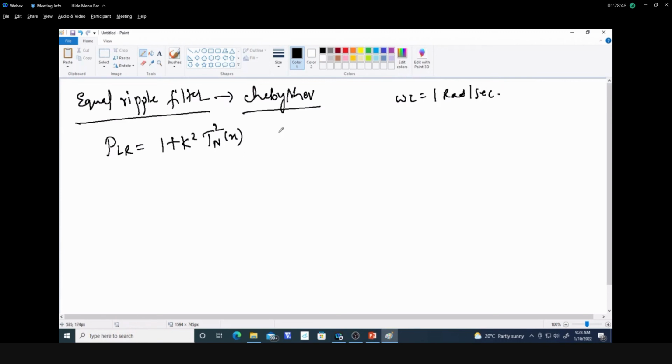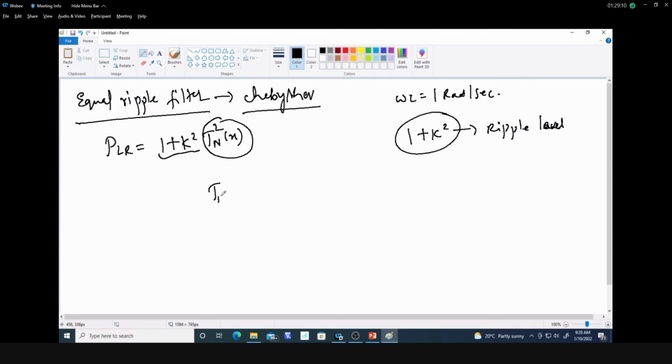Here the factor 1 plus k square decides the ripple level. Based on the polynomials, we get the Chebyshev polynomials, and Tn of 0 will be equal to 0 for odd values of n, and 1 for even values of n.